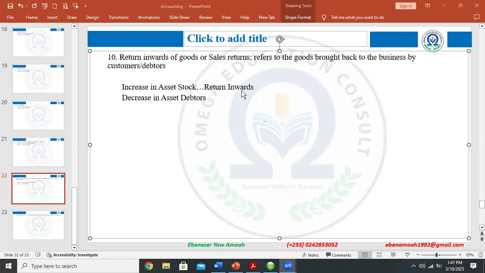But when I found out that the laptop is not working, I brought the laptop back to the business, back to her. So in that case, the laptop she has increased because I gave her the laptop. And I also don't owe her again because I've given her the laptop. So the debtors she has also reduced. So for Portia, I don't know if you're okay with that. If not, I'll add more examples. But let me hear Austin.